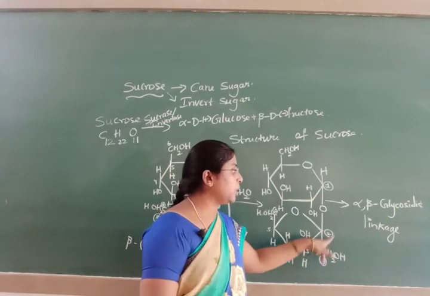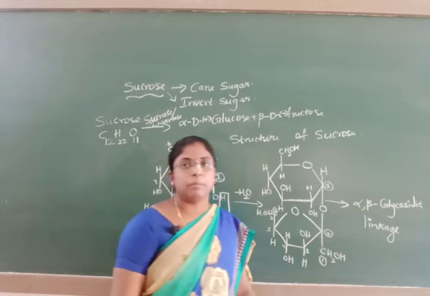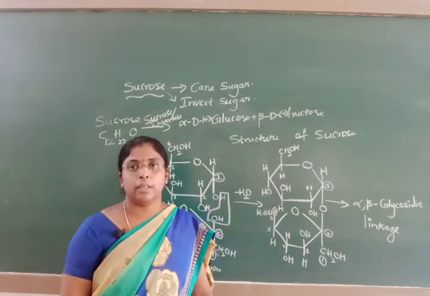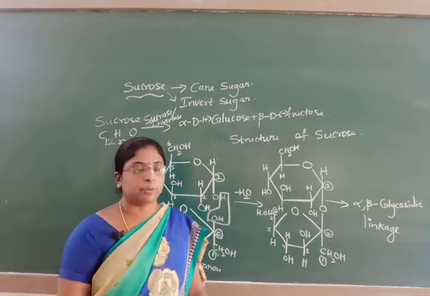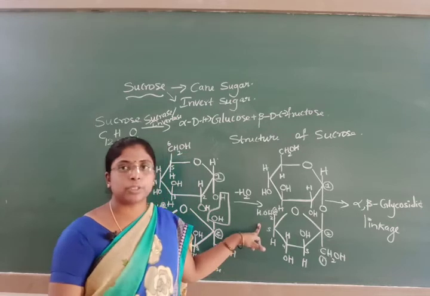Hence, it forms a C1C2 alpha beta glycosidic linkage in sucrose. This is the Haworth structure for sucrose.